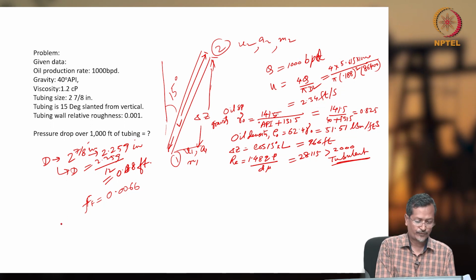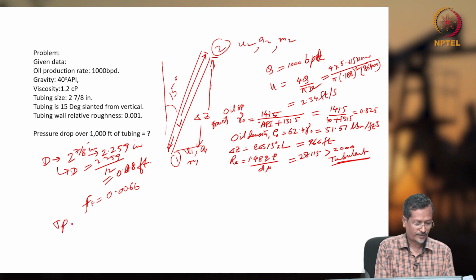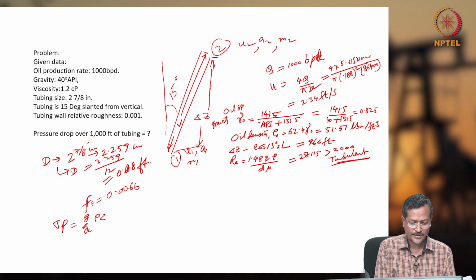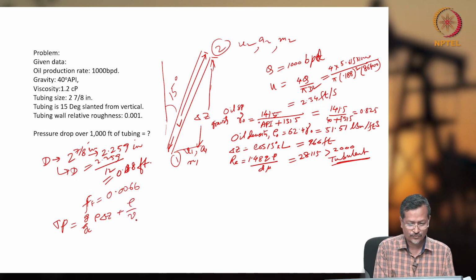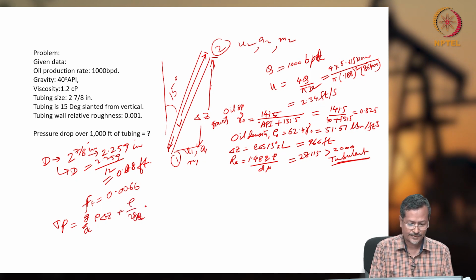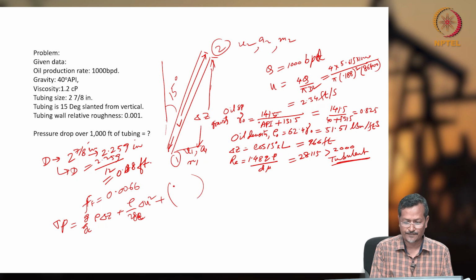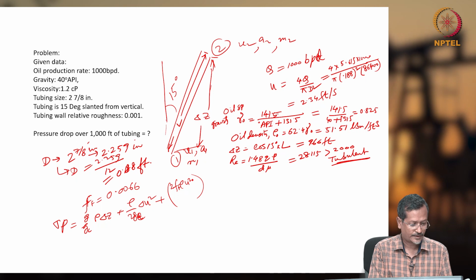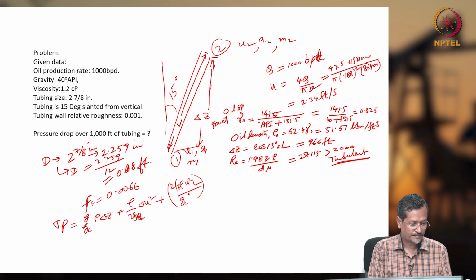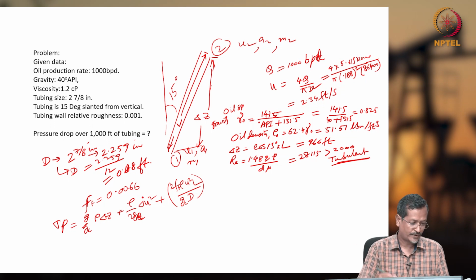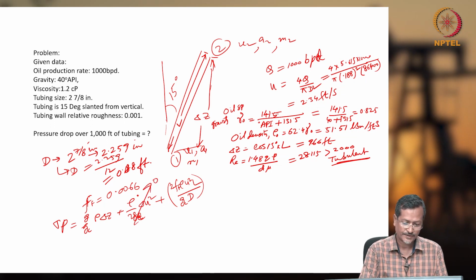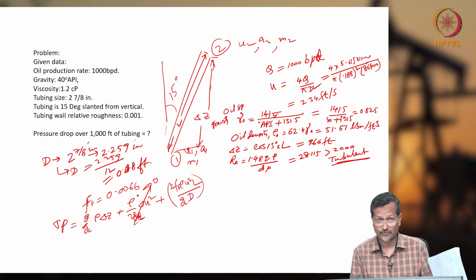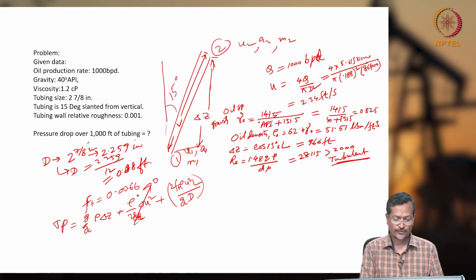From there, if we put all the data, then the delta P or pressure drop will be: g by gc rho delta Z, plus rho over 2gc delta U square, plus the friction factor term 2 FF rho U square L gc by gc into D. The U term is 0, because there is no pipe diameter change, and the mass flow rate is the same, so U is also the same.